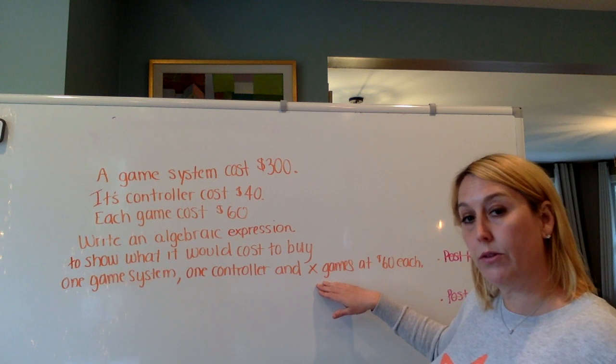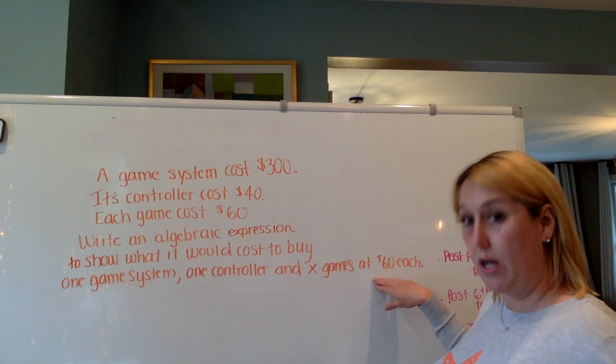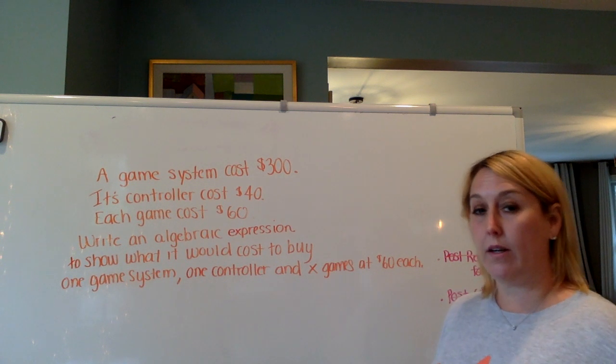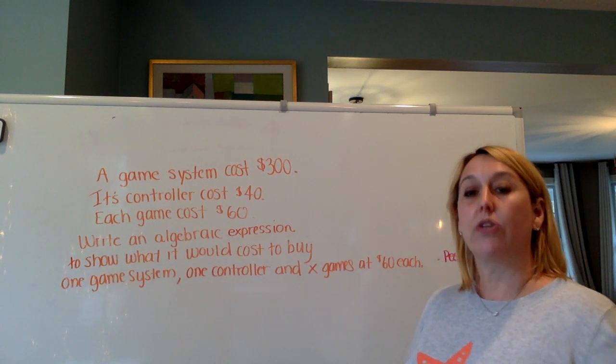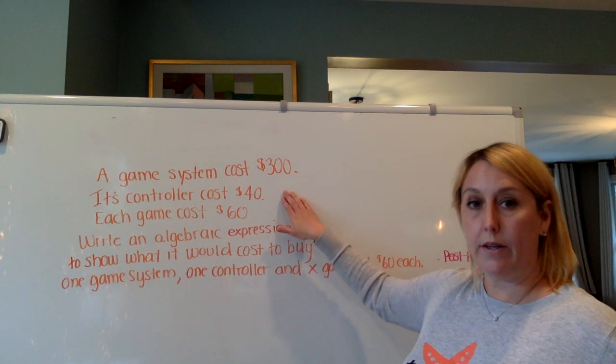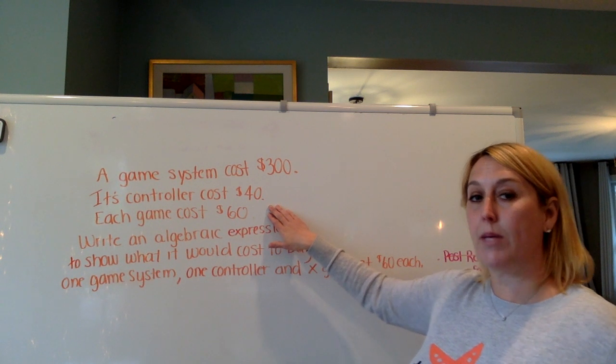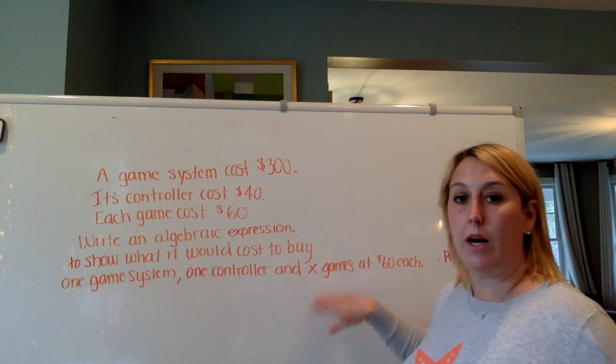X is the variable, so we don't know how many games, but we know that they cost $60 each. So write an algebraic expression for the total cost to buy one game system, one controller, and $60 a piece for X number of games.